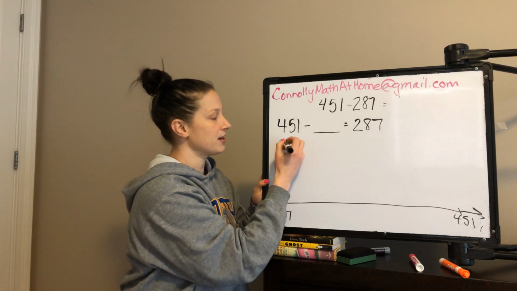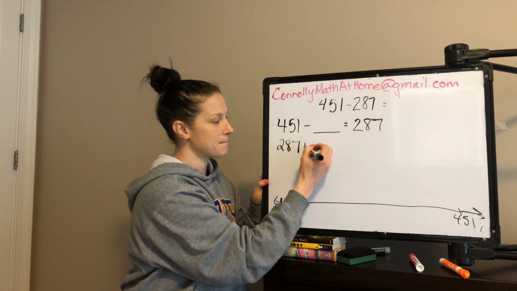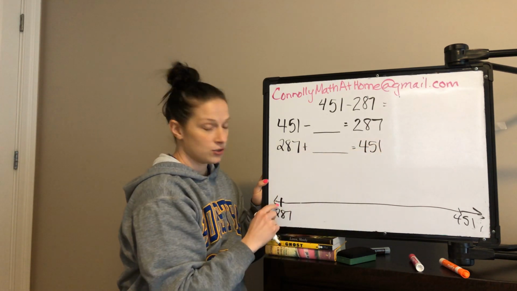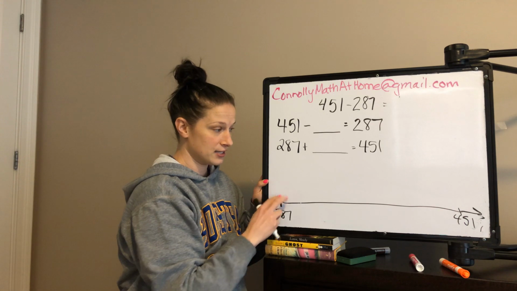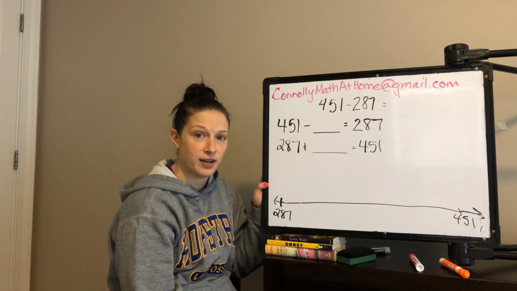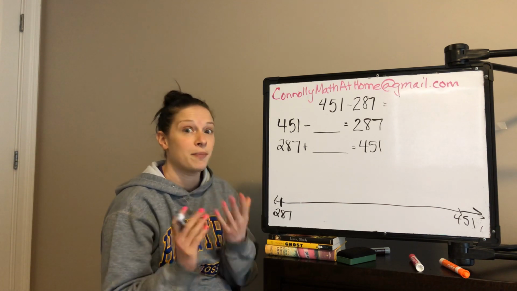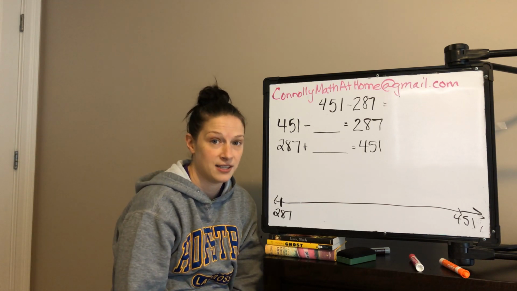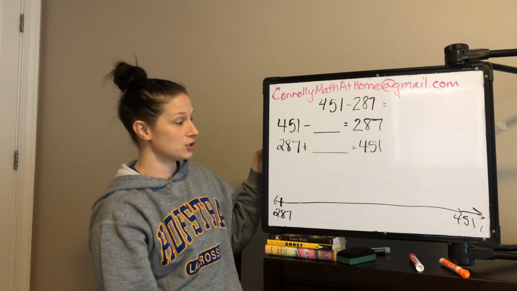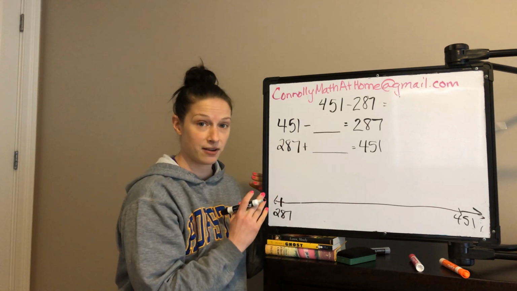So we might think about it as 287 plus what will land us at 451. That would look like if I start at 287, what can I add, what can I add, until I get to 451. So we might see students start to do this, parents, and it's okay. They're being flexible with numbers. I love it.